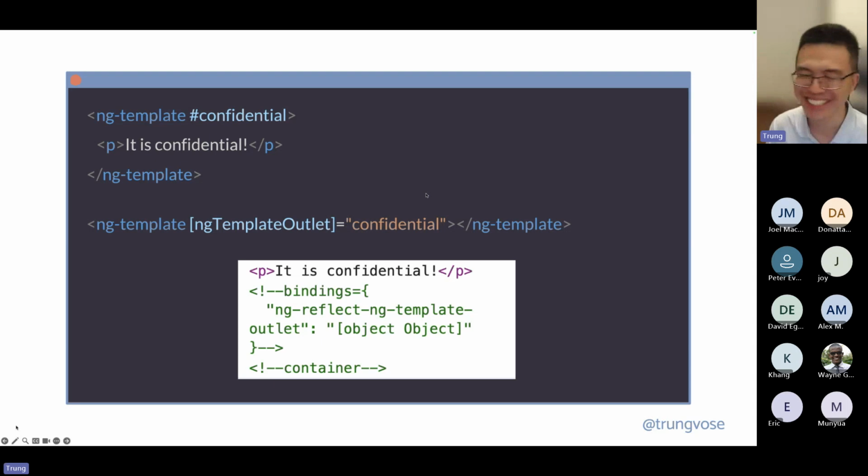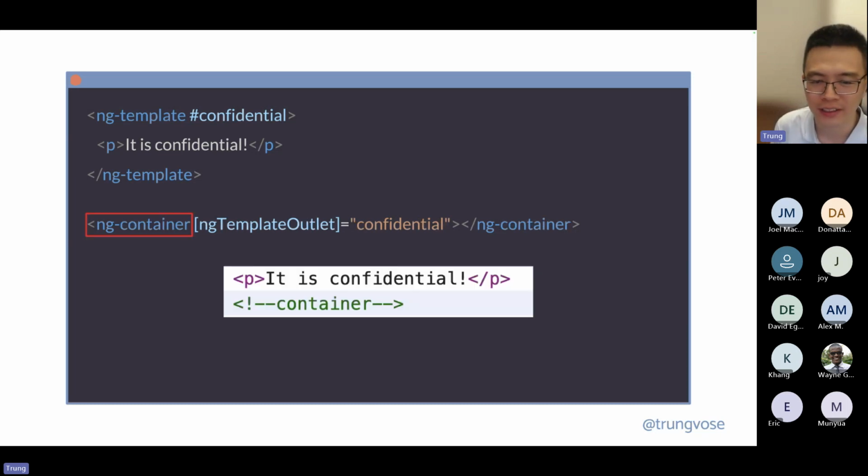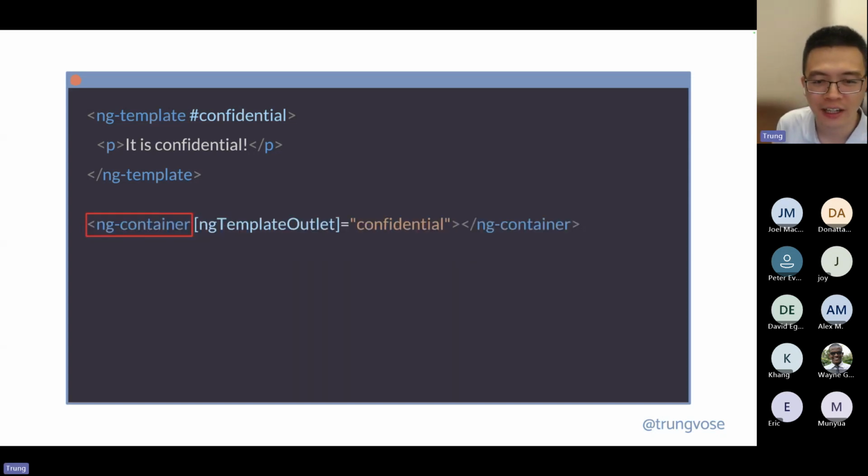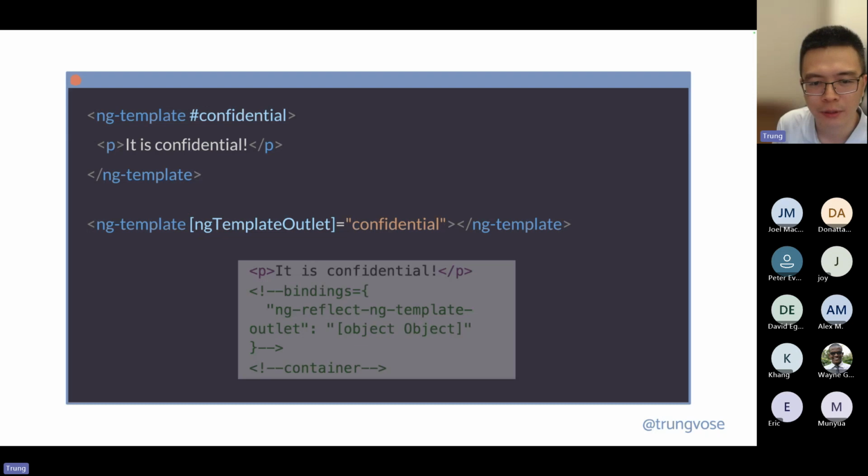Think about it, it's just mind-blowing. Anyway, that's coming from the Angular Material source code, and that's why I know it's possible. But the most common is ng container. The div, yeah, a bit lesser, but ng container I think is probably the most popular.